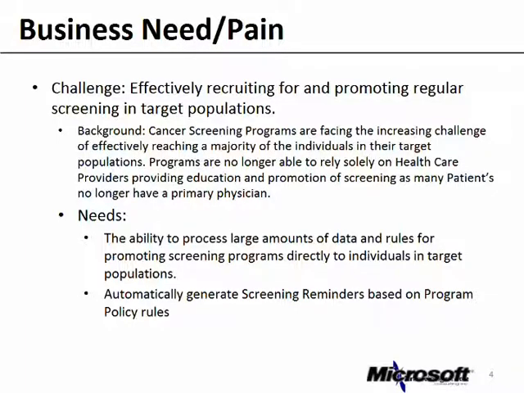There's an increasing challenge in reaching the majority of their target population, because before they relied on communicating through the primary care physician, your family doctor. And a lot of people today don't have a family doctor, so there's no way to get this information out: that screening programs exist, when you should be screened, how frequently, because people aren't seeing a regular provider.